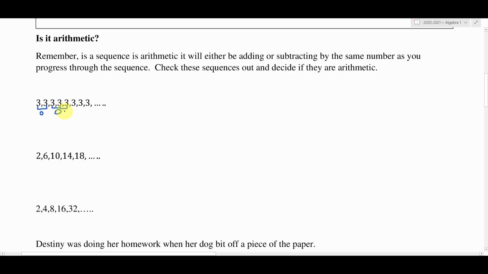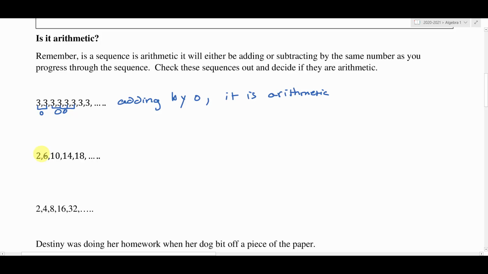And if I keep on doing this, I'm always adding 0, which is why the number is staying the same the entire time. So this is a list of numbers, even though it's the same number every time, it is adding by 0. So it is arithmetic. It doesn't matter what number you add by, as long as it's the same number each time.